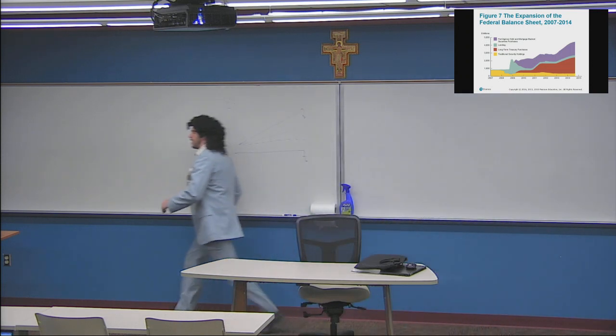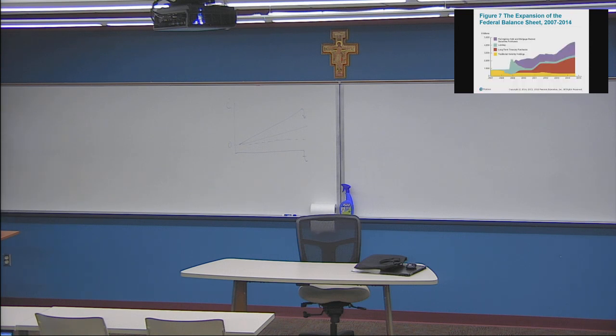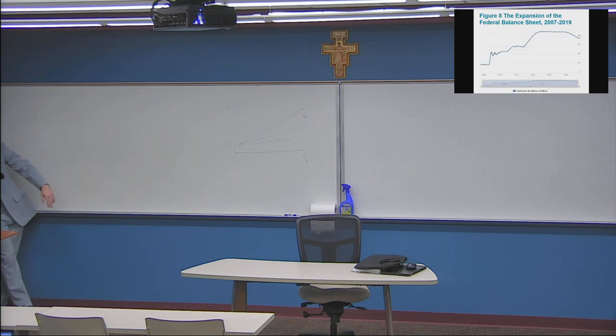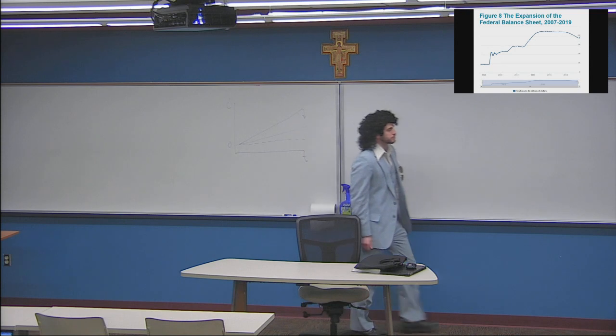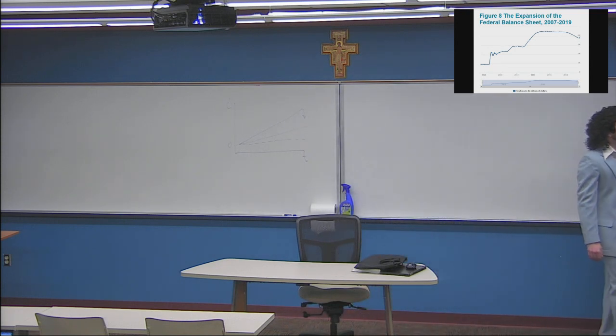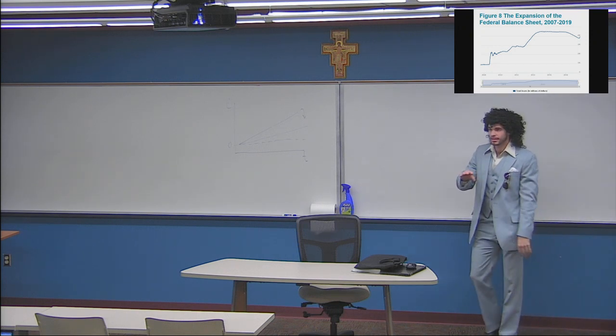Actually, let me see if I have a more updated one. Yeah, so here's the balance sheet. This is broken down by type. This is just everything. But you can see that spike there in late 2008 is the same. This is where we had normal monetary policy where we just kept the federal funds rate the same.